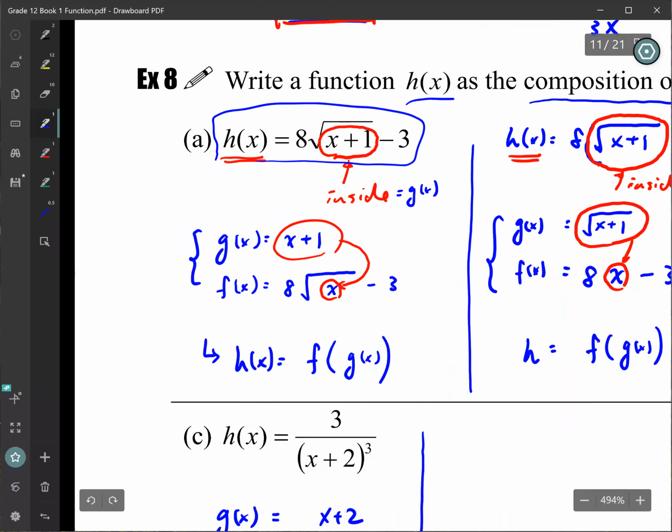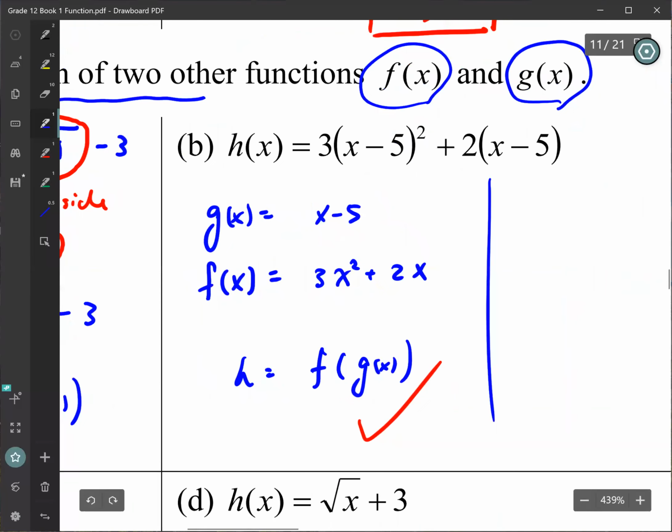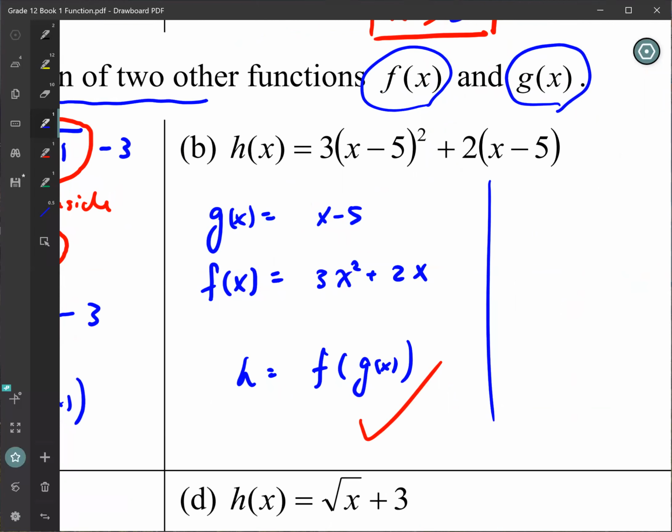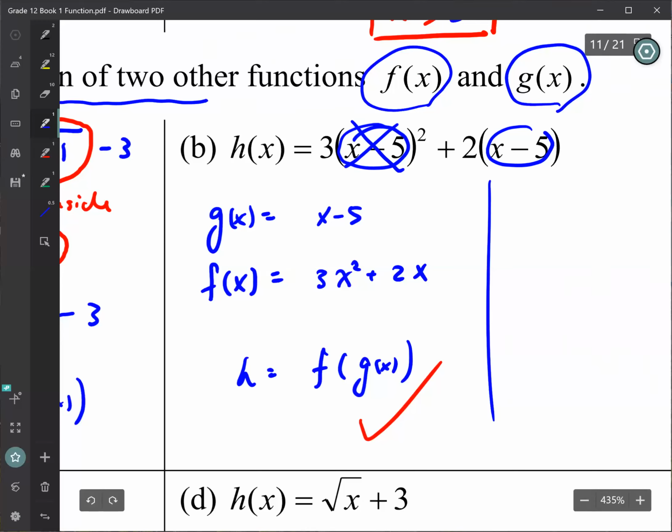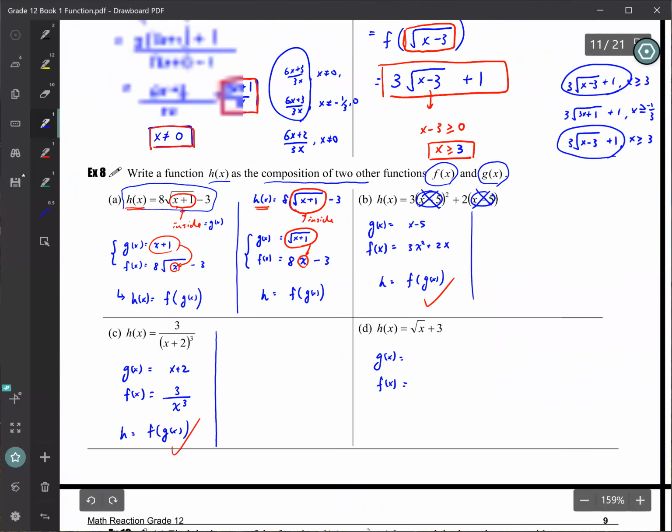So if you look at the other example, what's the inside function, Catherine? X minus 5. Yeah, okay, so all the x minus 5, both of them will become x. So your outside function will be 3x squared plus 2x. Make sense now? Yep. Okay, so you just choose whatever you wanted to be the inside.